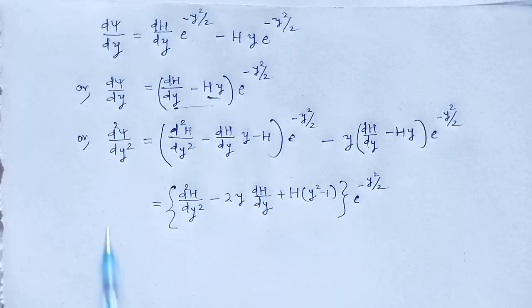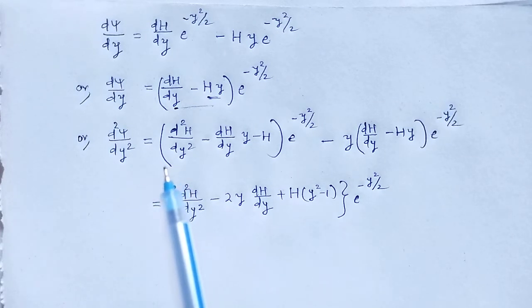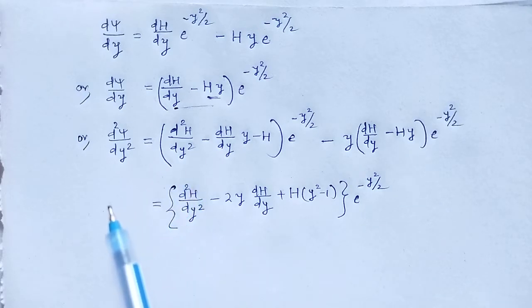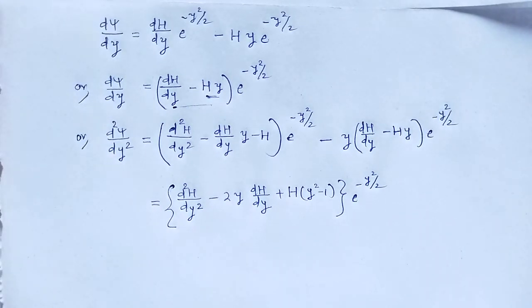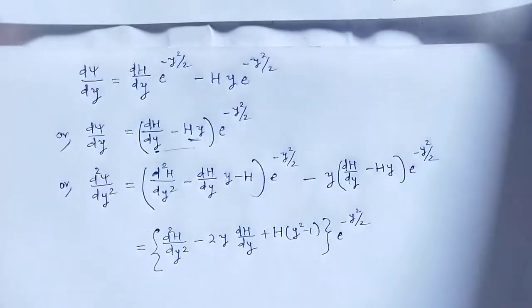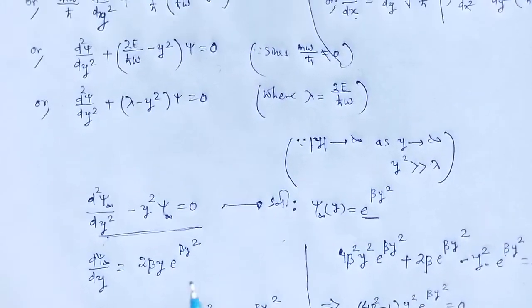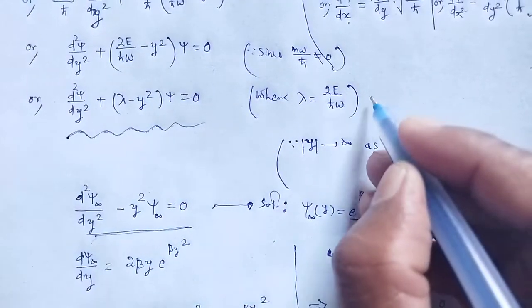D square psi by dy square will be 0. Using that condition, using the equation we have, may be taken as equation number 1.